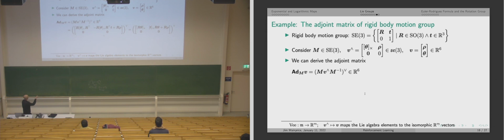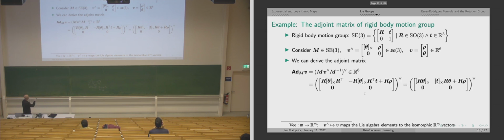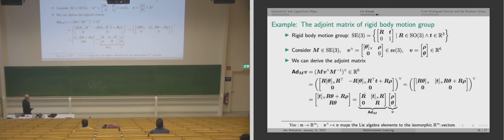So this introduces the V map, which maps elements of the Lie algebra to the isomorphic Euclidean vector space. And then you eventually get the adjoint closed form solution matrix here. But yeah, I don't have time. I want to focus more on what comes.